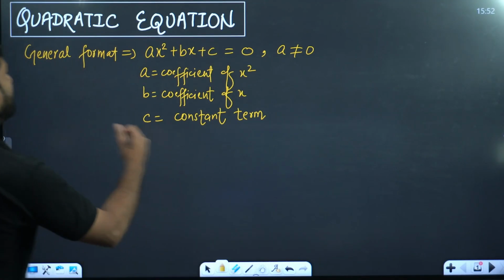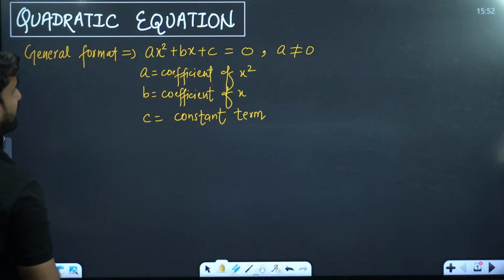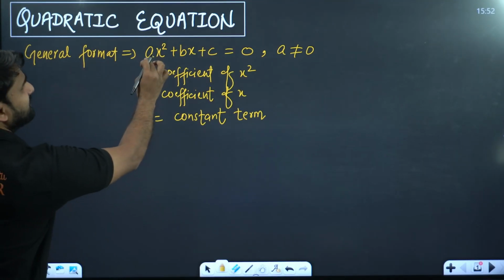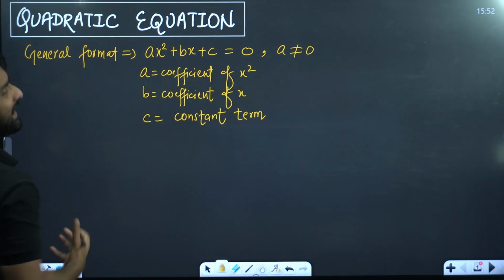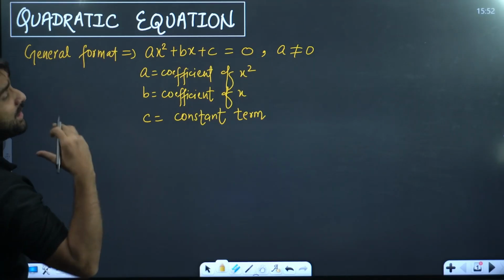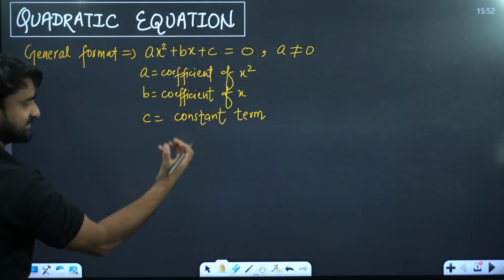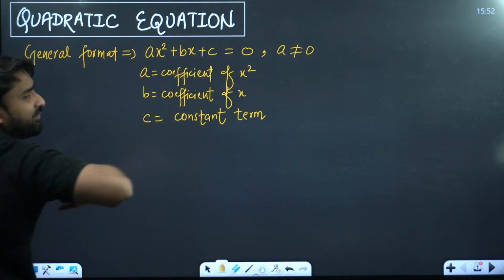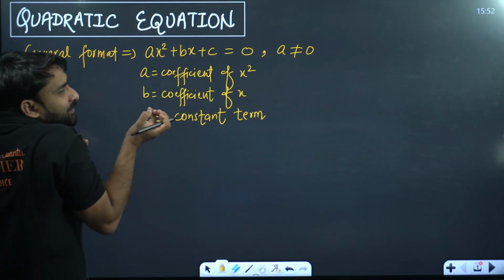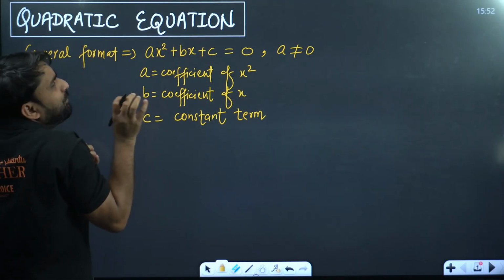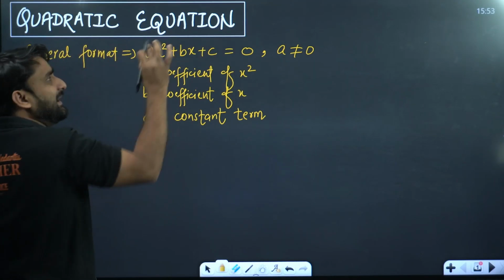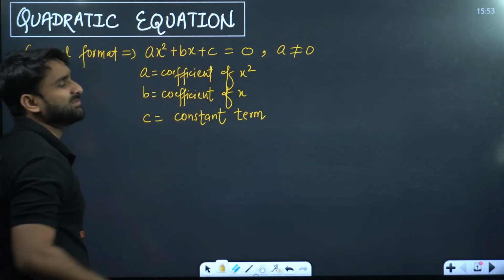Okay, now moving ahead. If I talk about how many solutions this equation has, how many values of x will be satisfying this equation? The value by which, if we put the value of x in this equation, will be satisfying that.